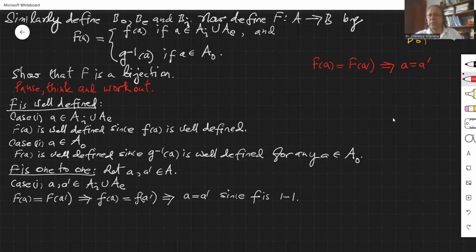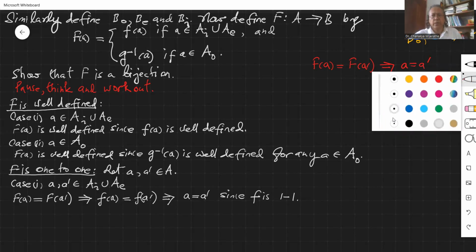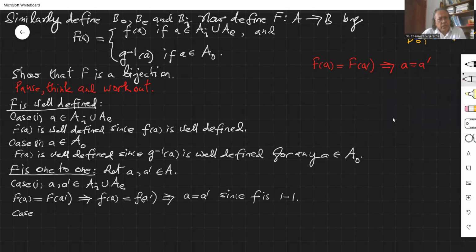Now, how many more cases do we have? By looking at case one, case two has to be both A and A prime are in AO.